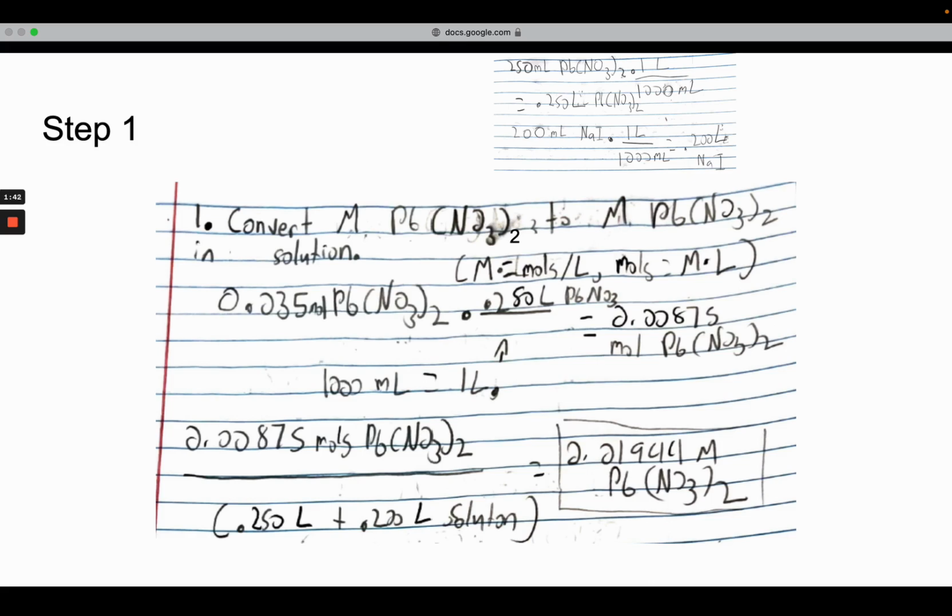When you multiply it out, you get 0.00875 moles of lead 2 nitrate. And then after you find the number of moles, you divide that by the total volume, which is 0.250 plus 0.200, because you have to add the two volumes together, and I got 0.01944 molar lead 2 nitrate.